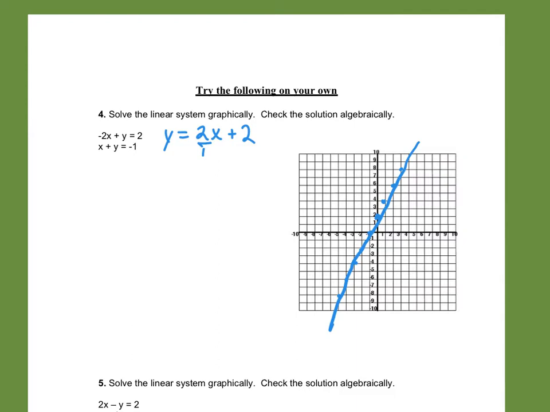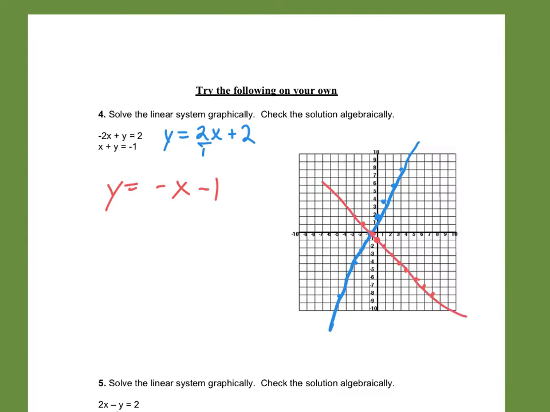Put it into y equals mx plus b by subtracting the x. So you ended up with y equals negative x minus 1, right? So my b value is minus 1, and my slope is down 1, right 1. Or up 1, left 1.